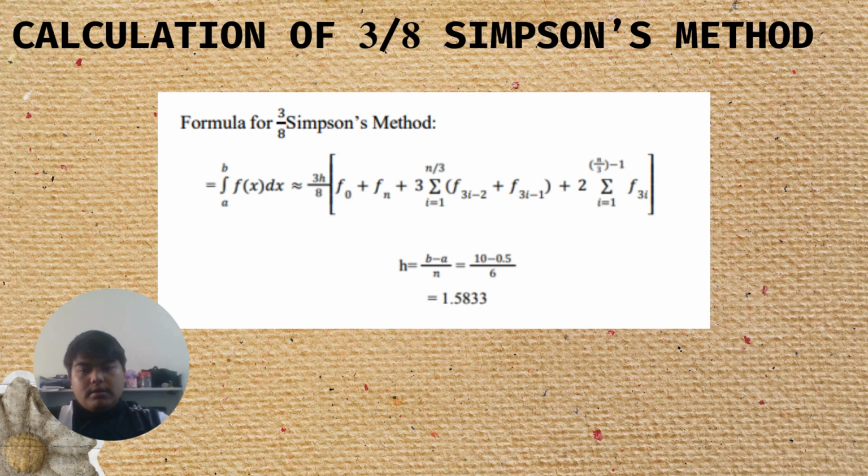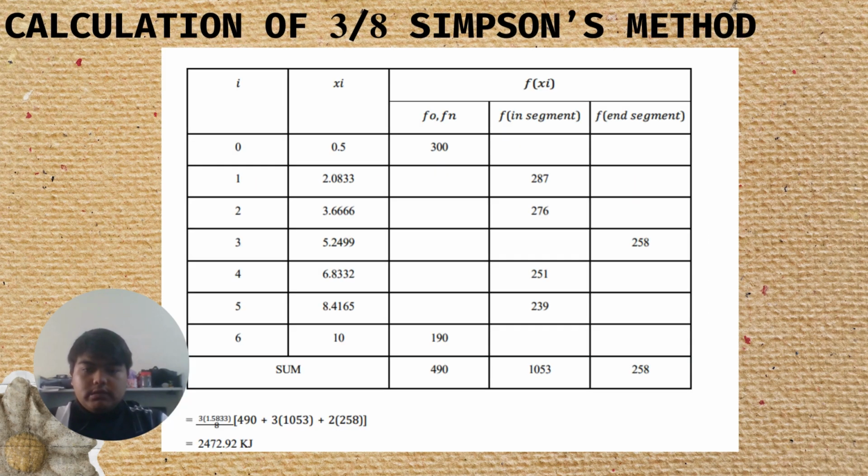B minus A times N, where N is how many data points are in the Simpson 3/8 table. So you get 10 minus 0.5, divide by 6, and you get 1.5833. So this is the table for the Simpson 3/8 rule.